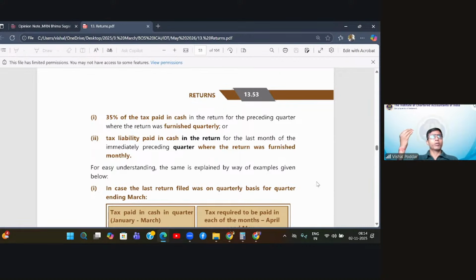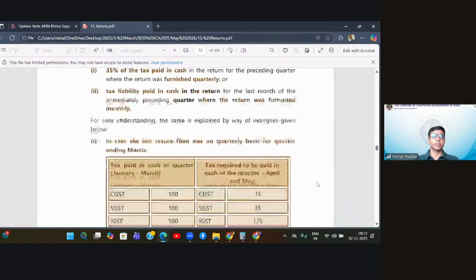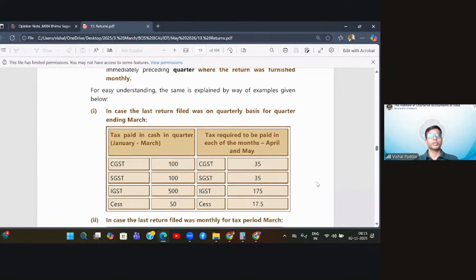In any case, when your previous returns filed are monthly, then whatever is the cash liability of the last monthly return filed, you simply have to pay that cash liability. So that is simple. If monthly returns are filed, then the immediate last month's cash liability you have to pay now. If quarterly returns are filed, then one third of the previous quarter's cash liability, roughly made 35%. That is the simple calculation given.